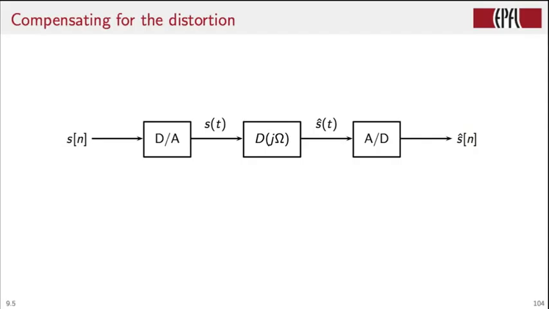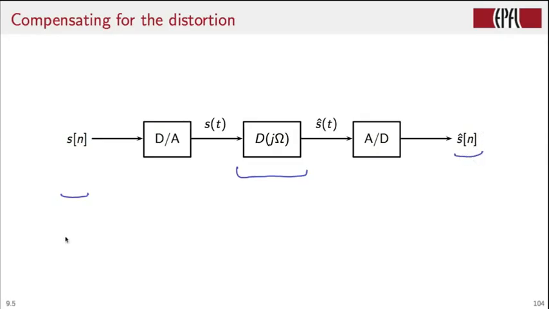Okay, now that we know how to compensate for the propagation delay introduced by the channel, let's consider a channel with an arbitrary frequency response D of omega. And the transmission chain goes from the passband signal S of n, discrete time, into a D2A converter, analog signal S of t that gets filtered by the channel gives us S hat of t, which is sampled at the receiver to give us a received passband signal S hat of n.